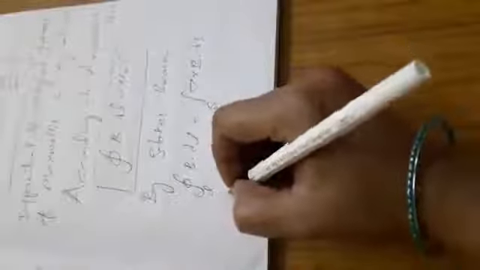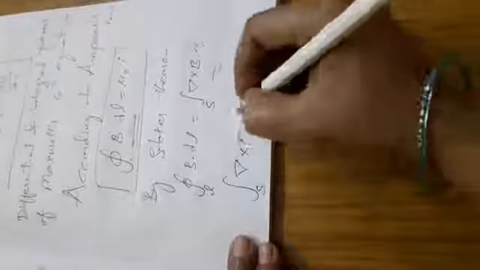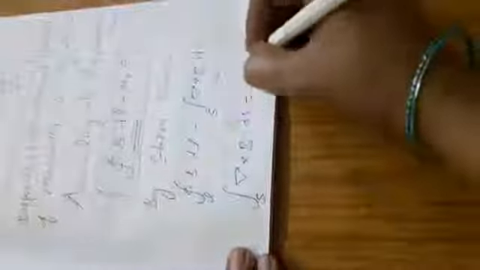In this place I am going to substitute: del cross B over the surface S dot dS is equal to, right-hand side as it is, mu naught I.